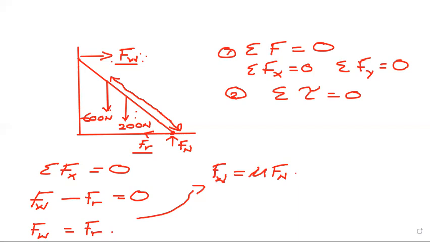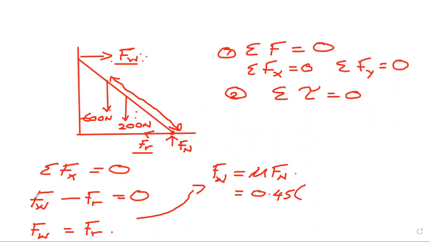That will give us the value of the wall force there. We've already been given the value of the coefficient of friction, which is mu, 0.45. That is the value of mu there. So we need to find the normal force.